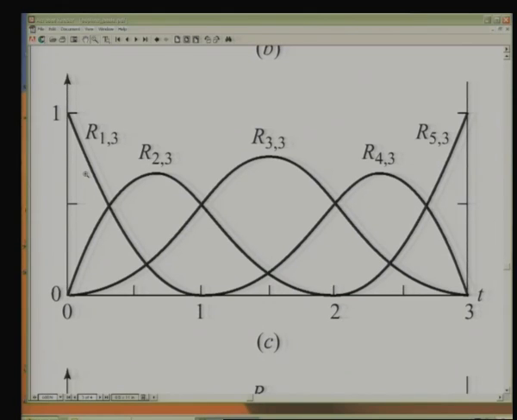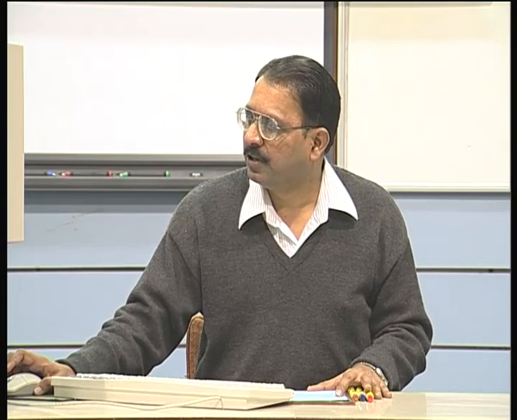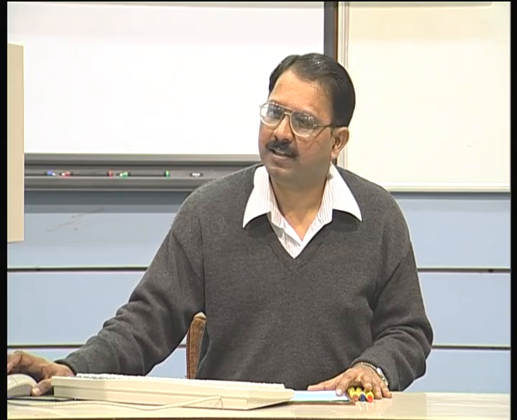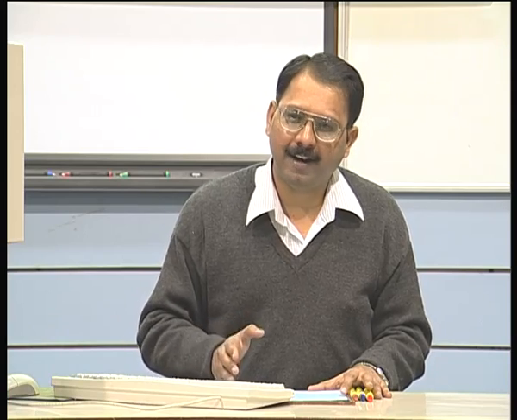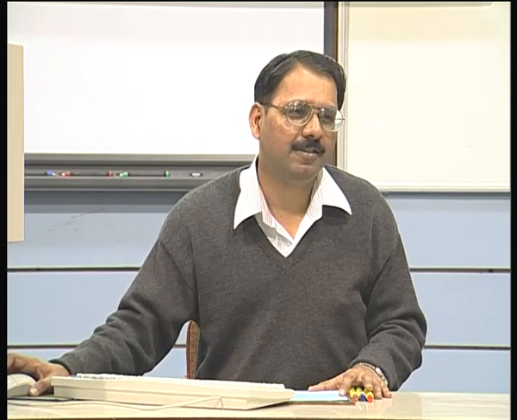If I add up all the basis function values at any particular u value, they add to 1. The same property is valid for B-splines too. At any particular point, I have 1, 2, 3 which are influencing, so the corresponding x values are multiplied by a factor which is different at different values of u.